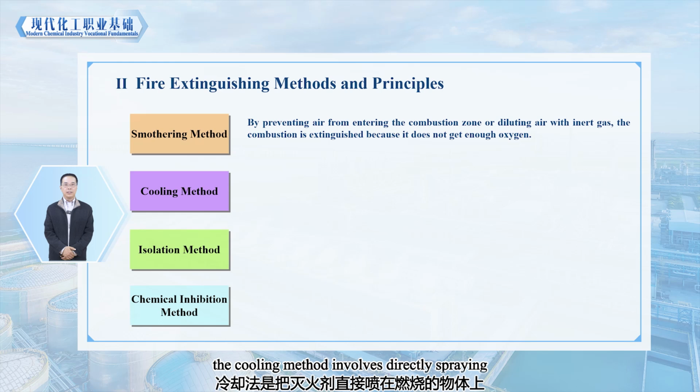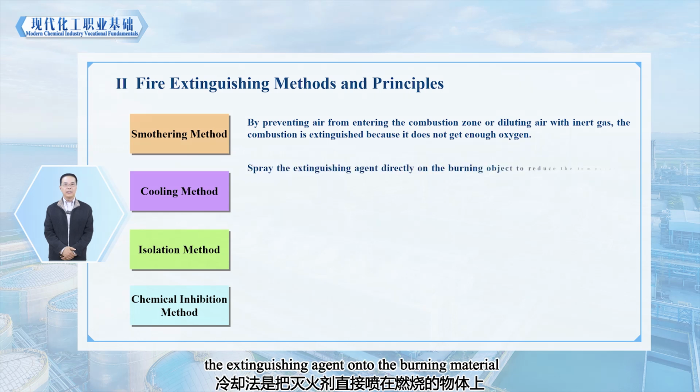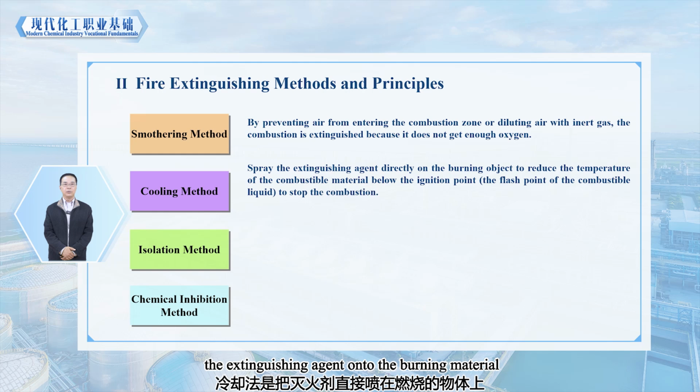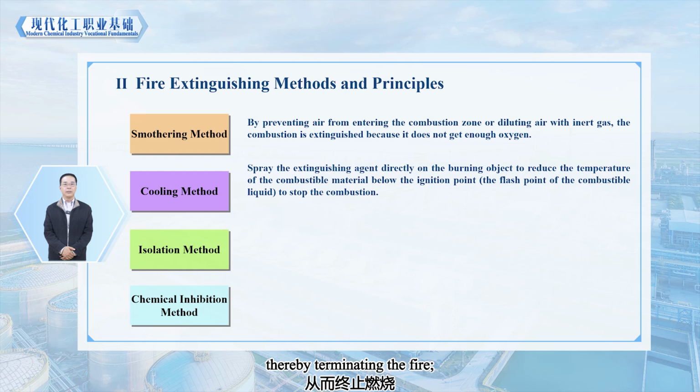The cooling method involves directly spraying the extinguishing agent onto the burning material to lower its temperature below the ignition point, or below the flash point for flammable liquids, thereby terminating the fire.